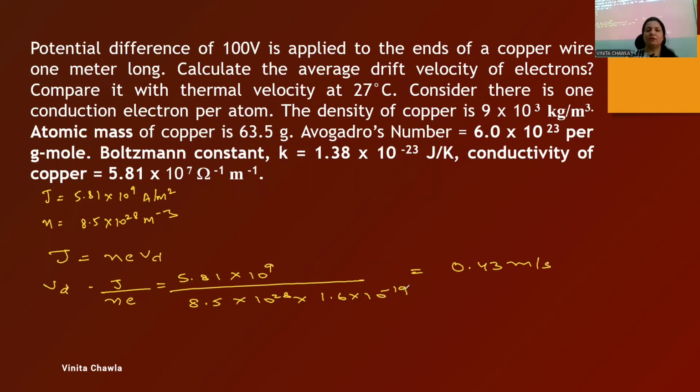Now we have to find thermal velocity. How do we find thermal velocity? Let's write Vt for thermal velocity. It's square root of 3kT by m. Put the values. k is Boltzmann constant.